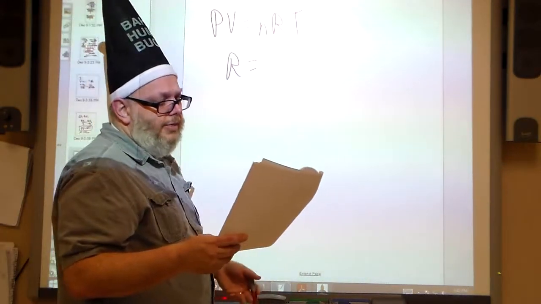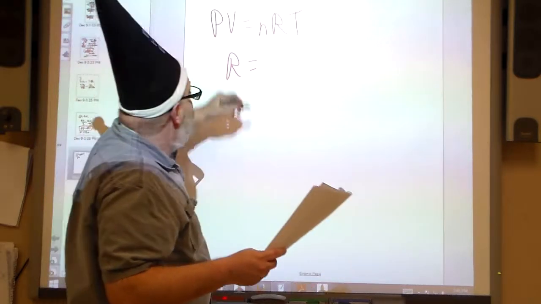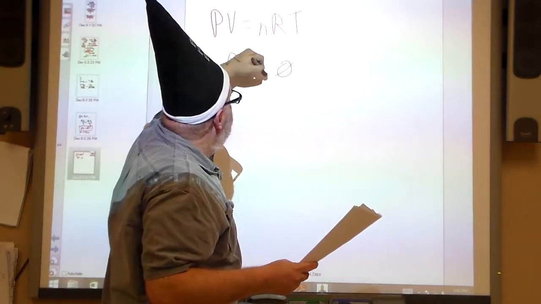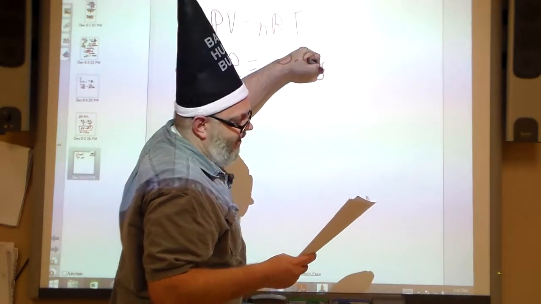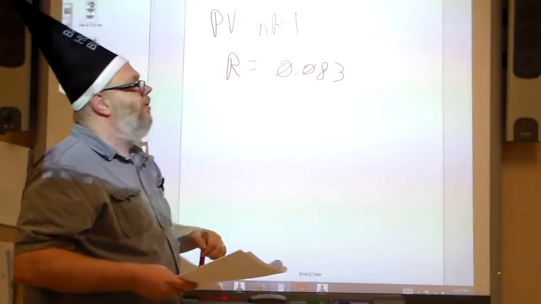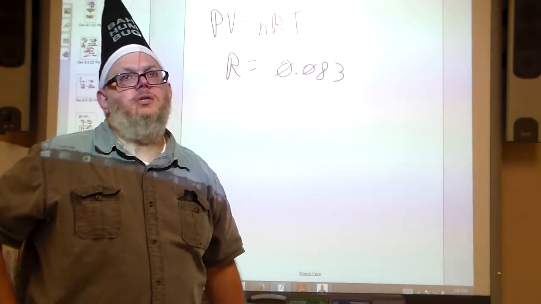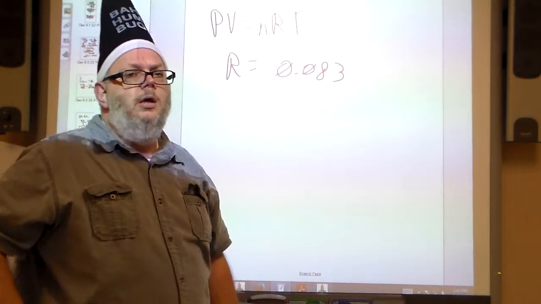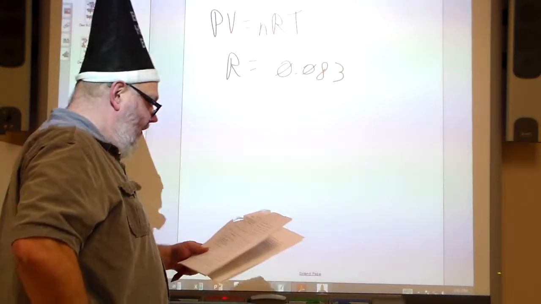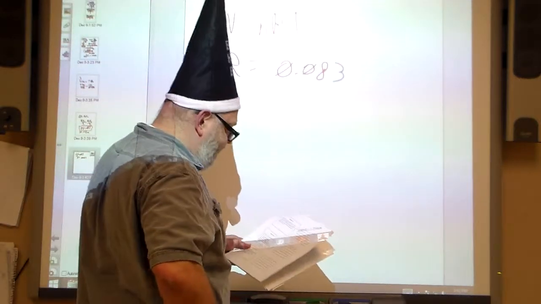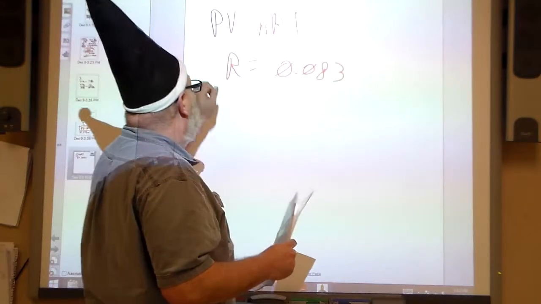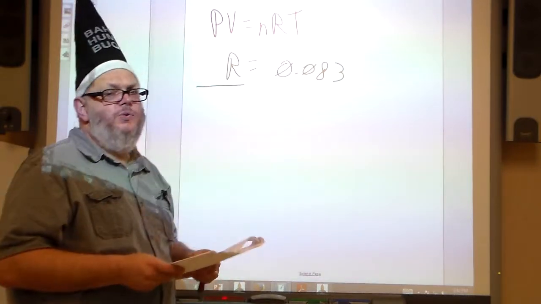Now, the key thing about that, ladies and gentlemen, is that it's going to be 0.083. That's our constant. I am not going to worry about the units because that's just spending extra time on that. But again, this is a very important number that you guys are going to be using.